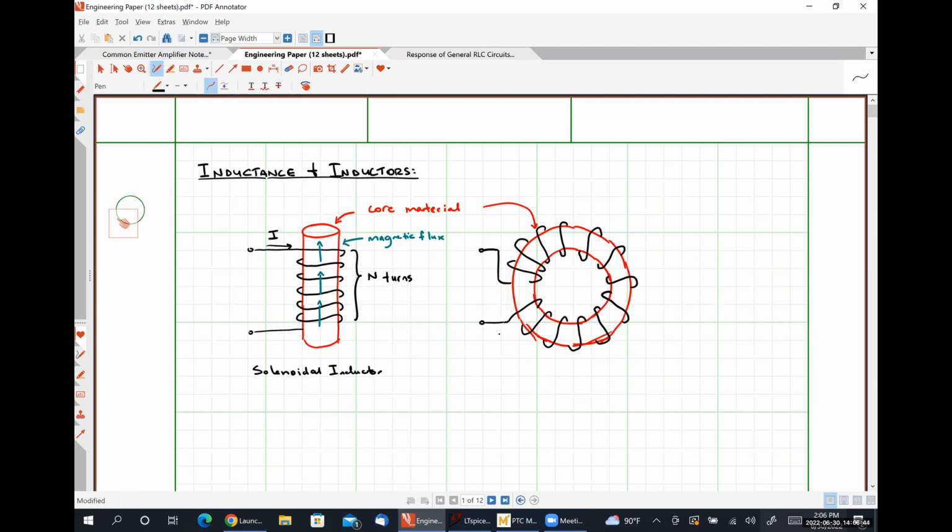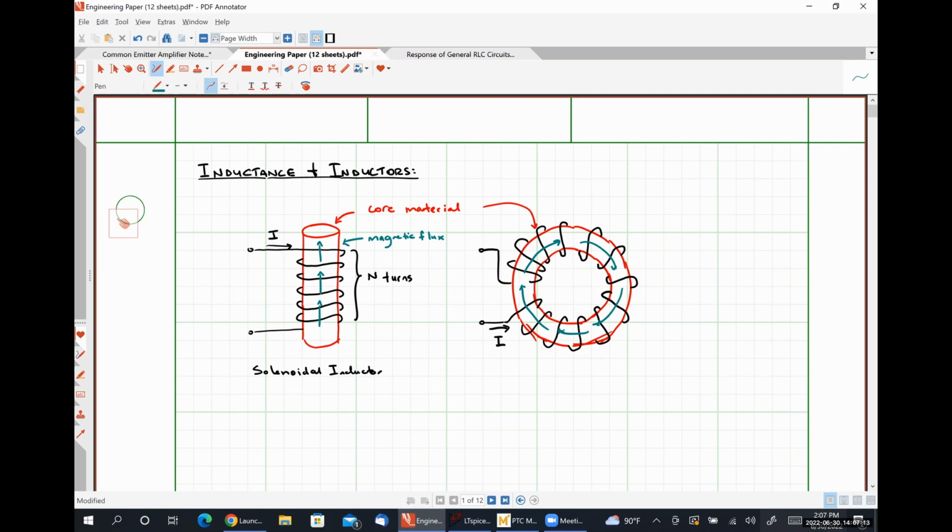And again, if we pass some steady current I into our coil, we will observe magnetic flux lines circulating around our toroid like so. And this stored magnetic flux is, once again, the energy storage mechanism for the device.